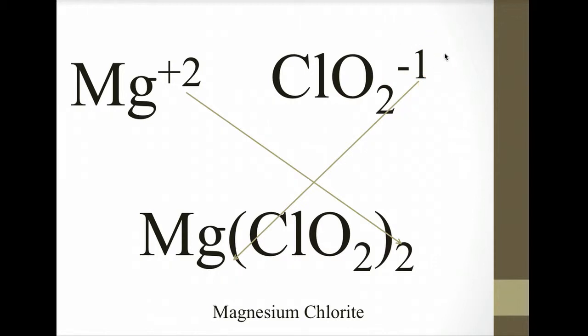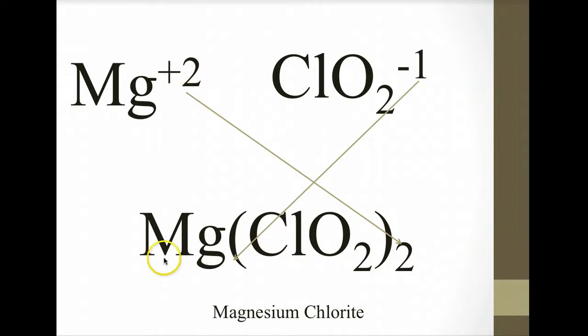So if we're going to write a proper formula, remember we take these oxidation numbers and we crisscross. That 2 goes there and this 1 will go here. So this tells us we need 1 atom of magnesium to bond with 2 atoms of the chlorite ion.